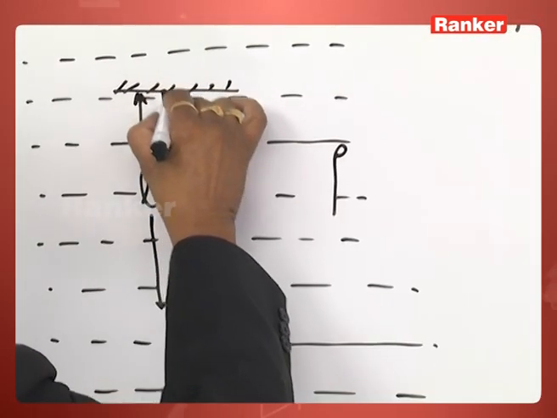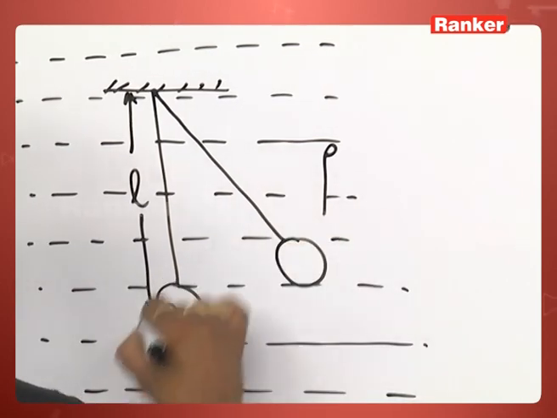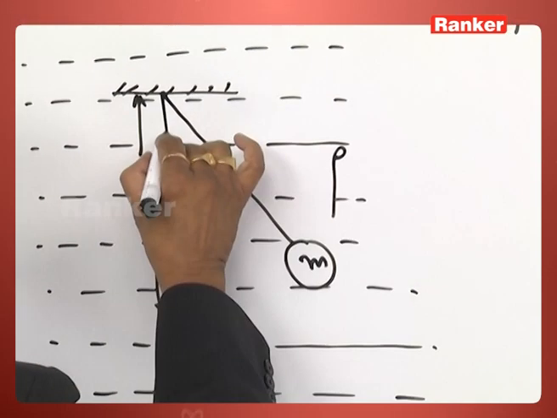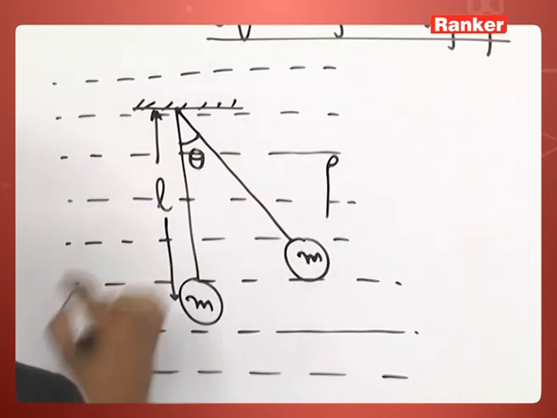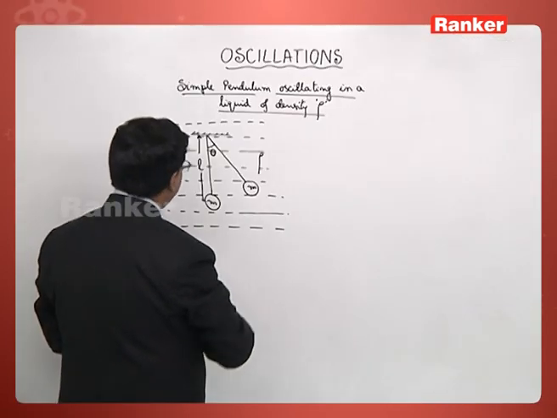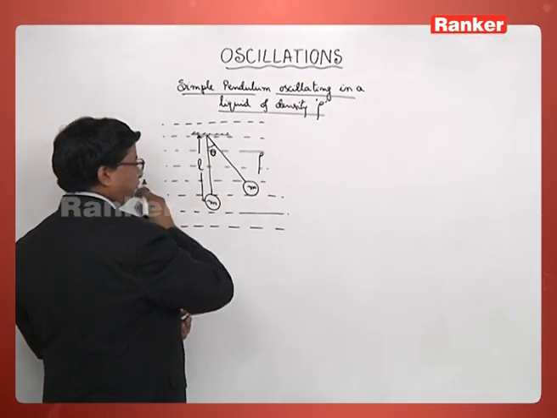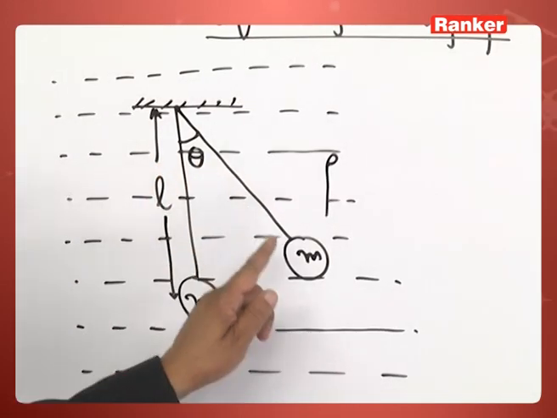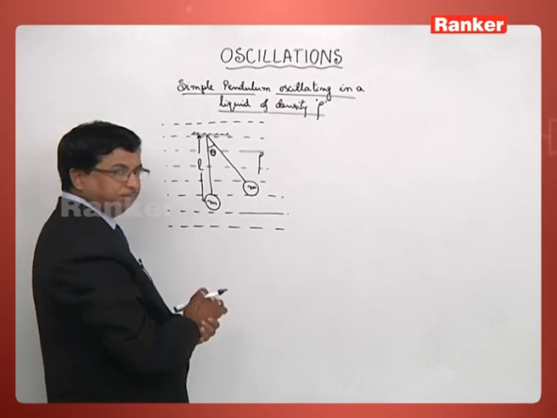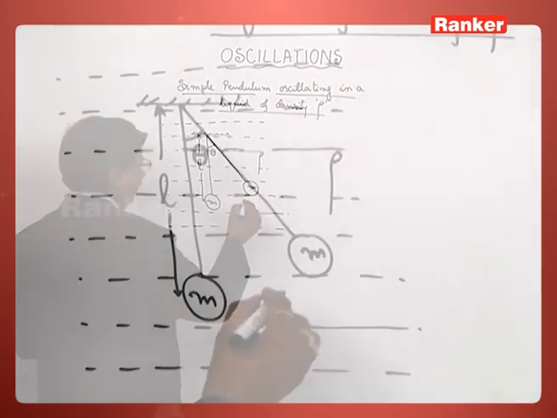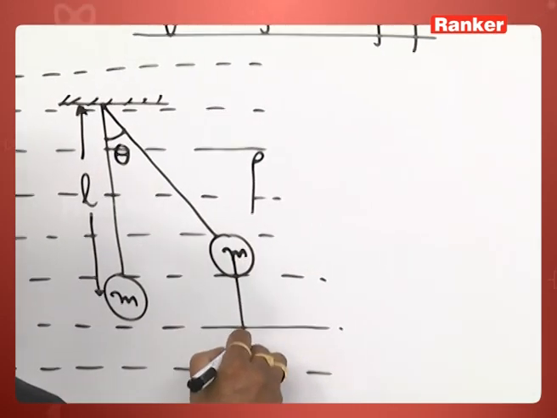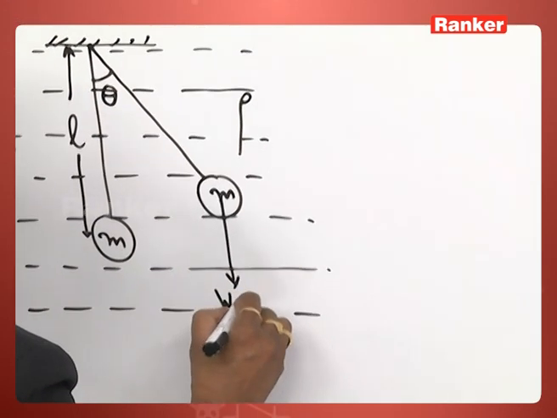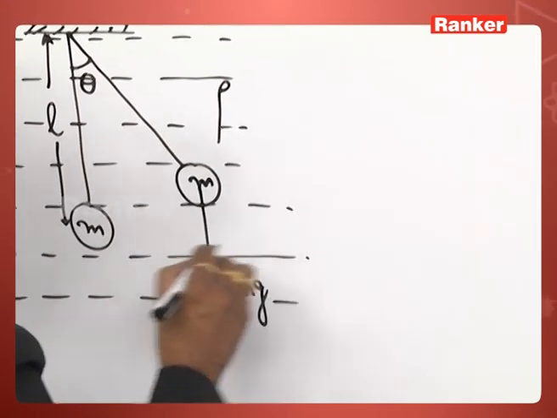Now this pendulum is brought aside this way by making an angle theta with the vertical, and it is now oscillated. Then what are the forces that are going to act on this bob? One directly can understand that weight will be acting downward, which of course we can call mg.